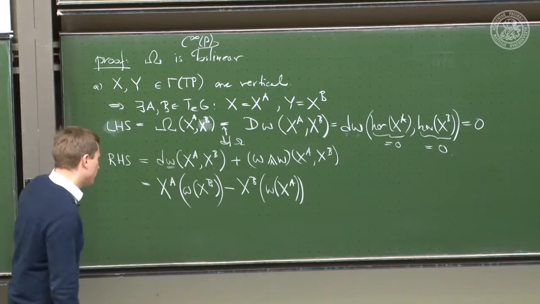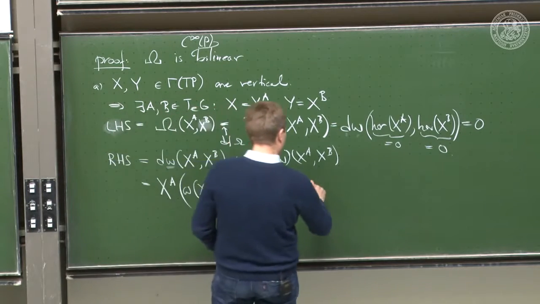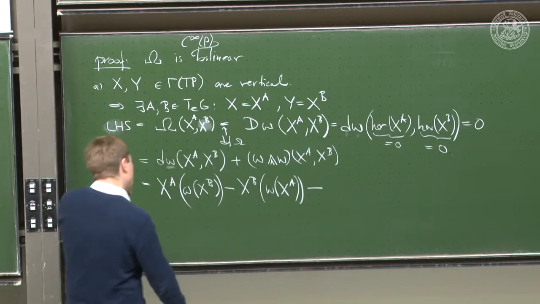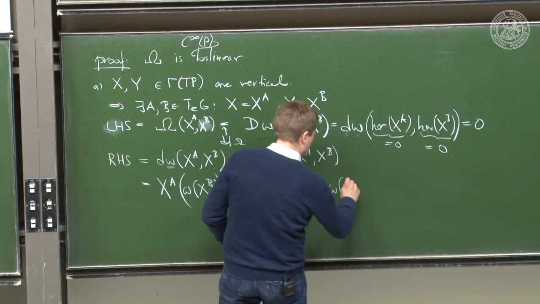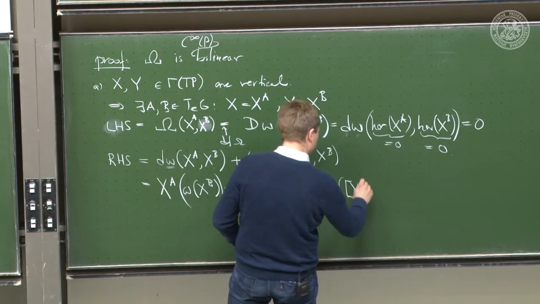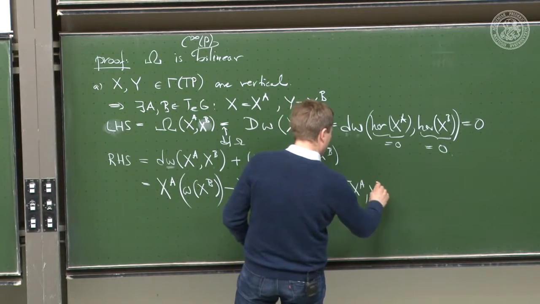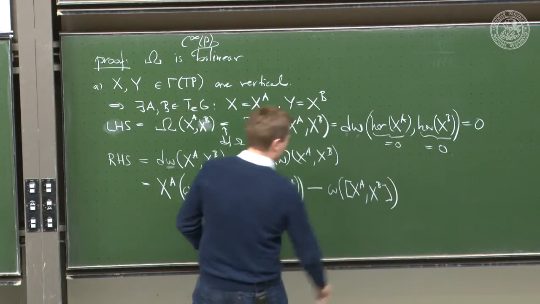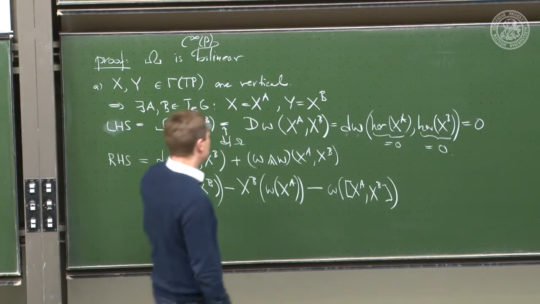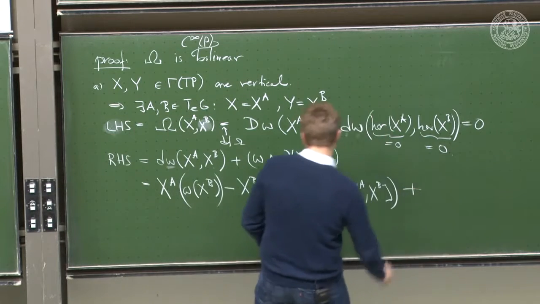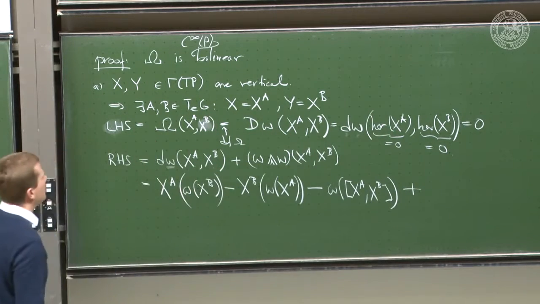Well, that's not all. For covariance, we also need a minus omega acting on the commutator of the two. And here this is the differential geometric commutator on the principal bundle. And then there's this extra term, plus omega double wedge omega.